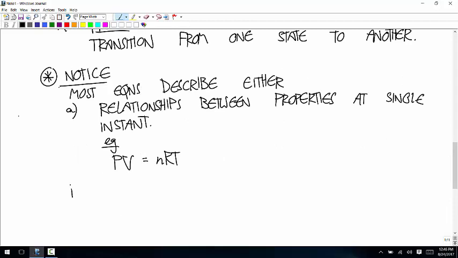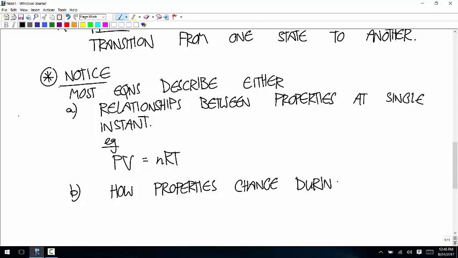And the other possibility is that these equations will describe how properties will change during a process.